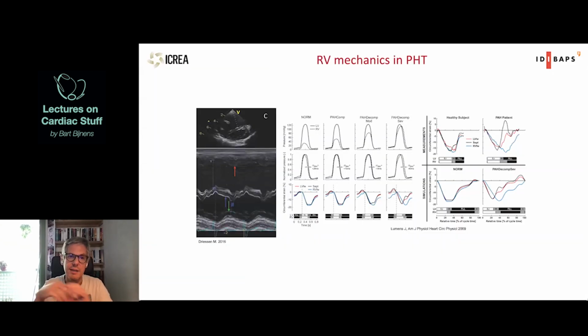Here you see an interesting simulation study, which is partially related to it. This is with the CircAdapt model of Maastricht, where they looked at pulmonary hypertension and what's going on there. Then they also did some measurements in some patients, or at least another group did, and they compared to it. What you see here is that if you have more and more pulmonary hypertension, that means you have more loading increase at the right ventricle.